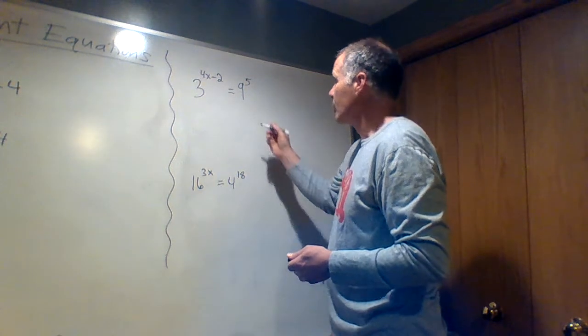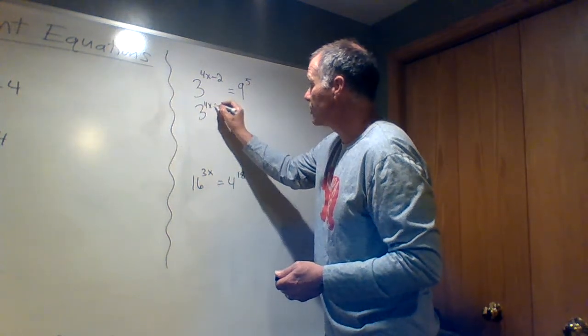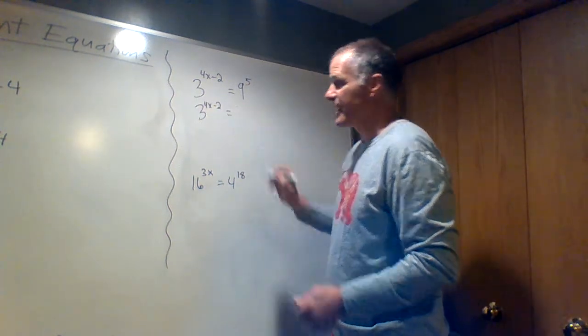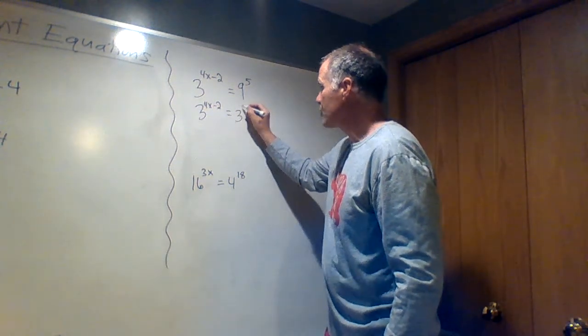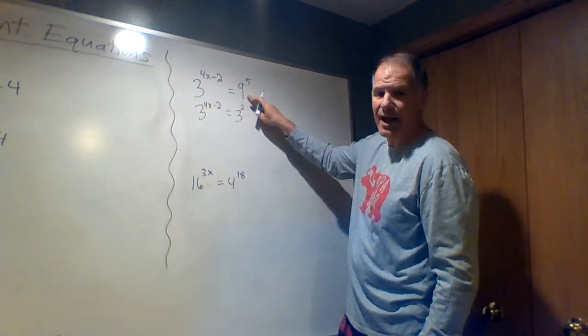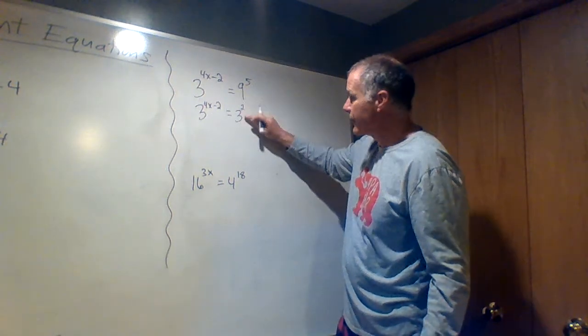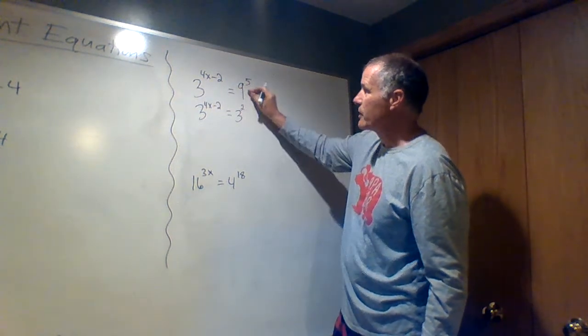The smaller one doesn't change, but 9 becomes 3 squared. We all hopefully know that 3 to the second power is 9. So 3 squared can replace the 9.